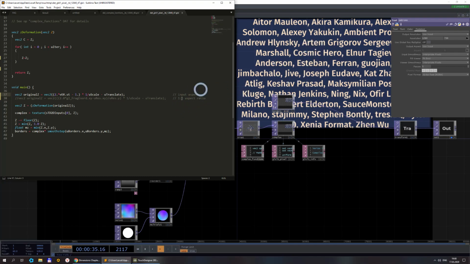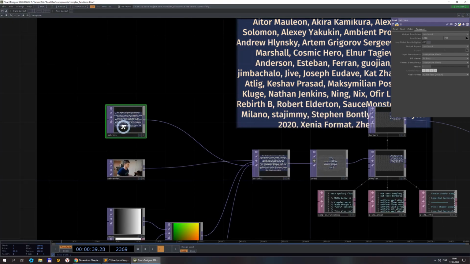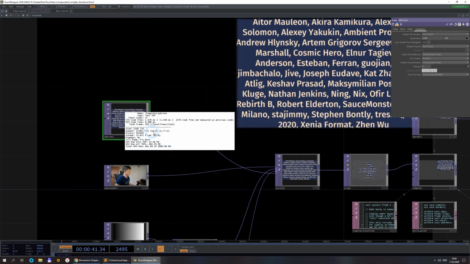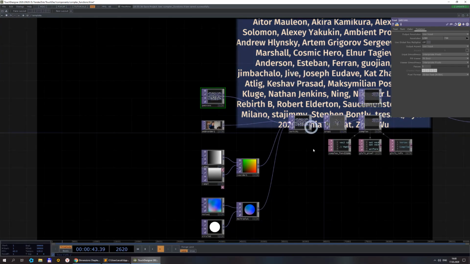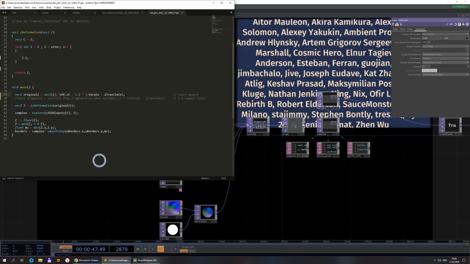Here I have an option for input aspect. If you have a 16:9 aspect ratio, it will stay the same. But most of the time when people work with complex functions and conformal transformations, they start from a square.